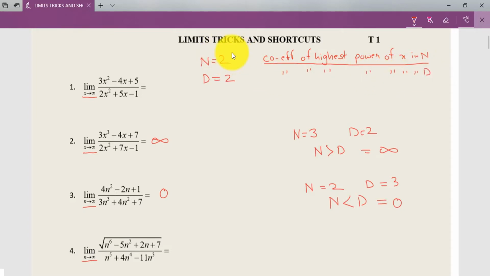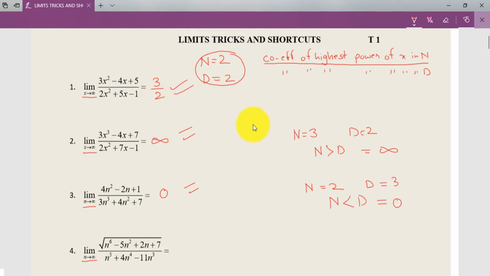So when the powers of numerator and denominator are equal, simply take the coefficient of the highest power, x square. Here it is 3, divided by the coefficient of x square in the denominator, which is 2. So this is your solution.